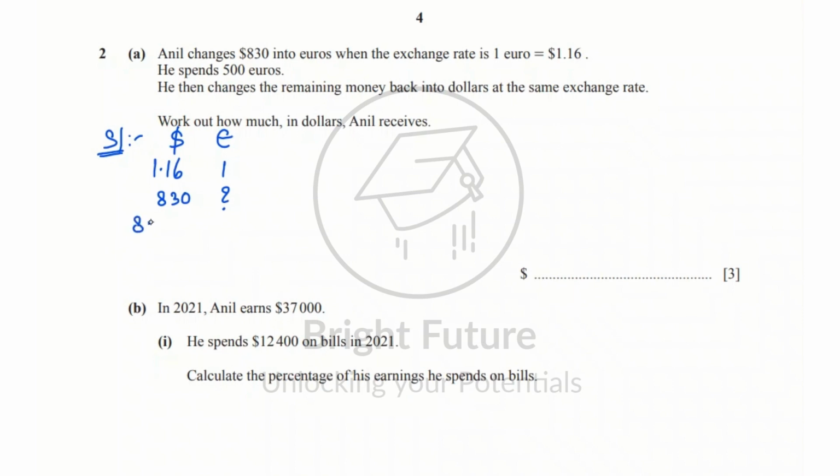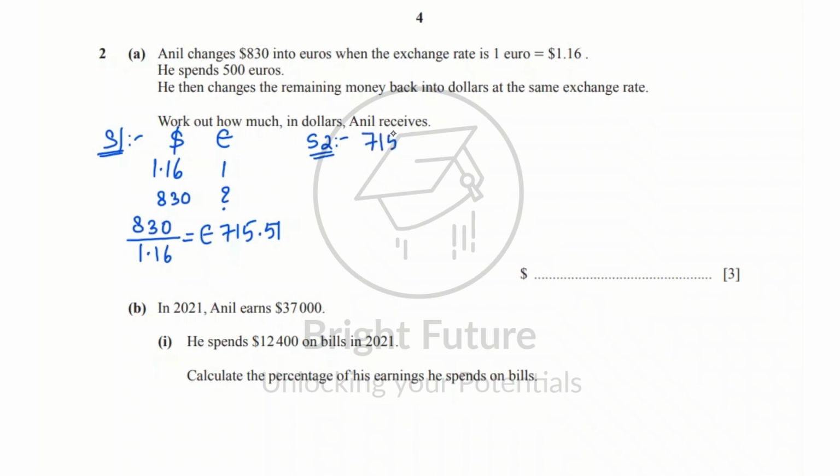That is 830 upon 1.16, which gives us 715.51 euros.